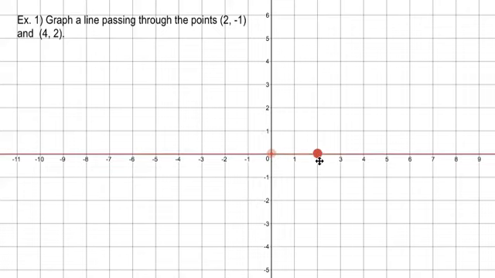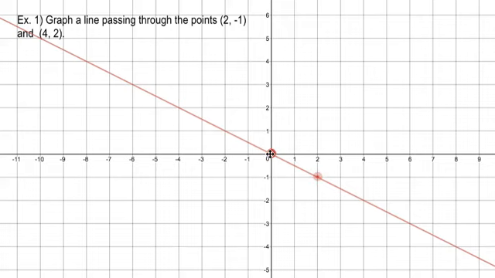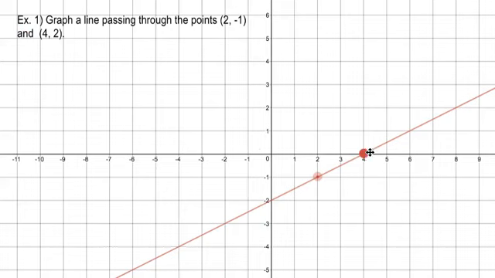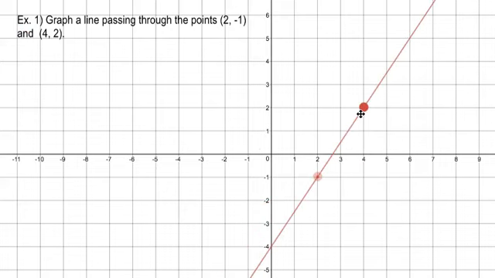So I would go to 2 on the x-axis, and then -1 on the y-axis, and I would leave that point right there. (4, 2) means to go to 4 on the x-axis and 2 on the y-axis, which looks like that. And you can see the computer has already drawn the line for me that would connect them.